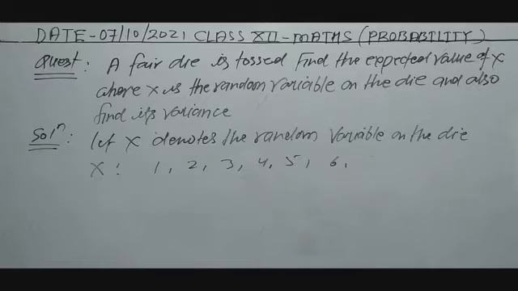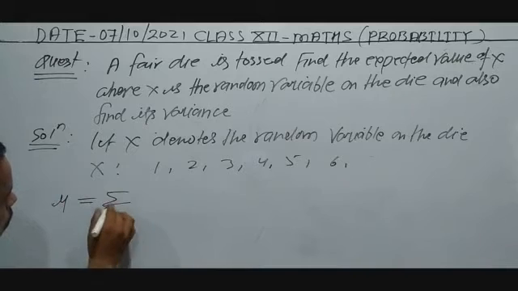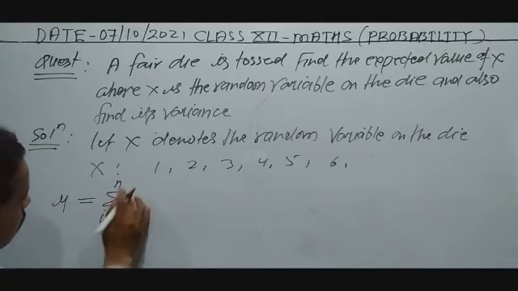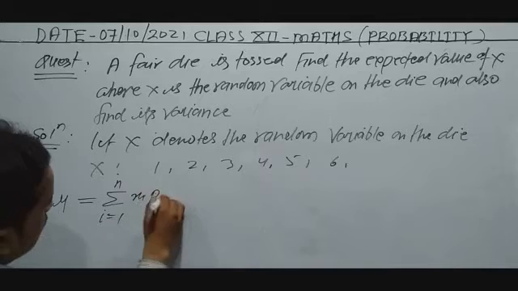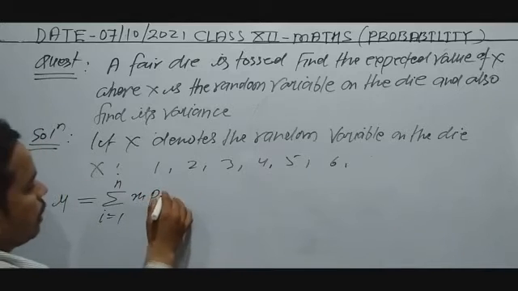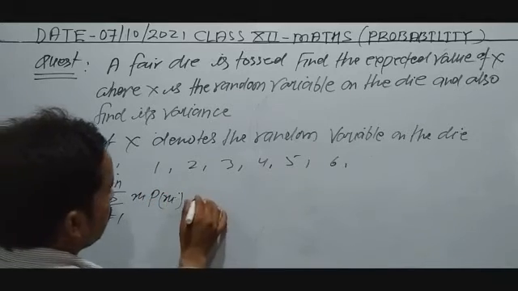Now we have to find the mean. So mean is equal to sigma i equals 1 to n of xi pi. Xi pi means xi times p of xi.